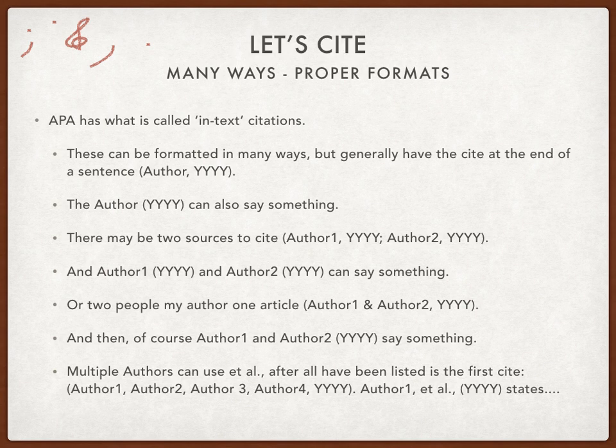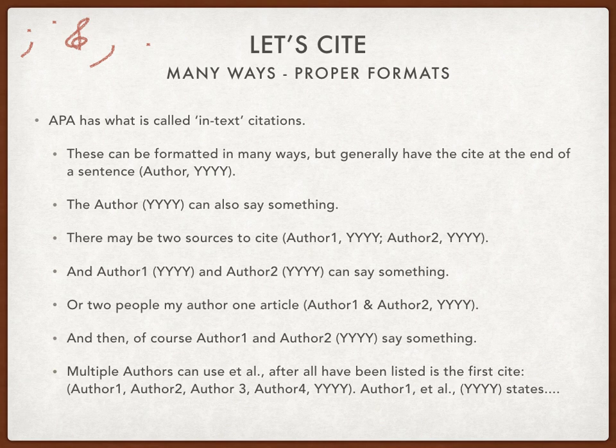Okay, so let's start looking at citing. You'll see my scribbles up top. You'll look at semicolons, ampersands, commas, and periods. The big thing is to know where these are and where they aren't as you are citing. So APA has what's called in-text citations. They can be formatted in many ways, but generally, most people put them at the end of the sentence.